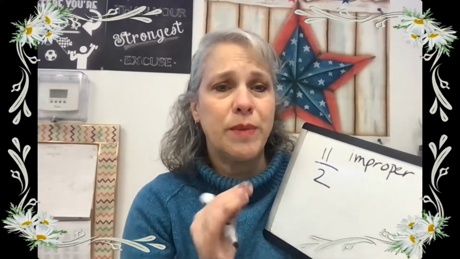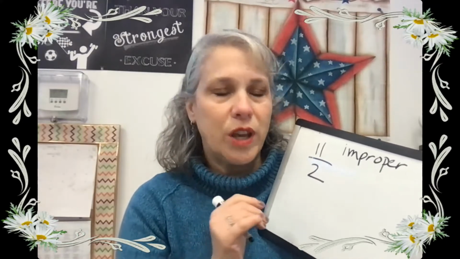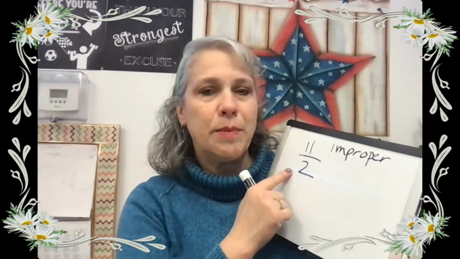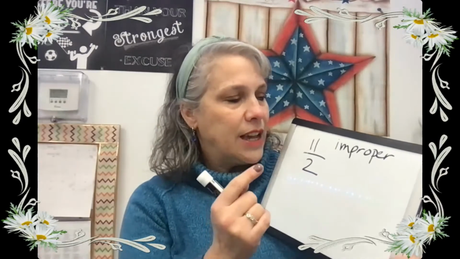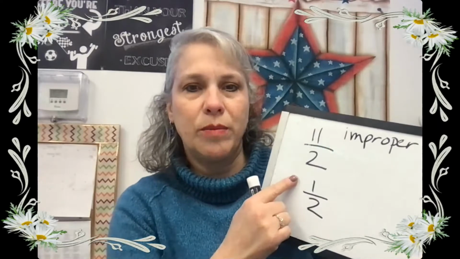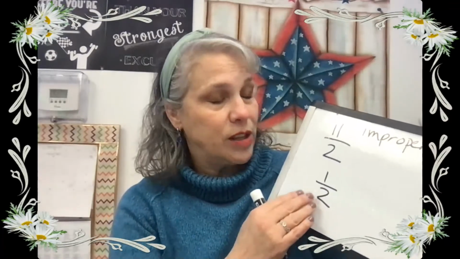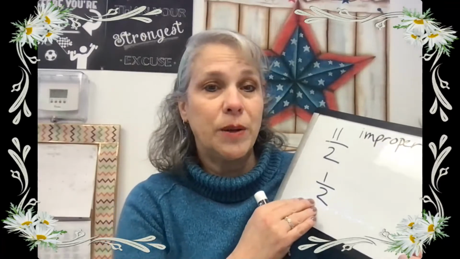We do this in many different situations when we're working with fractions. As we said before, a proper fraction has a smaller number on the top, and it can't be reduced.